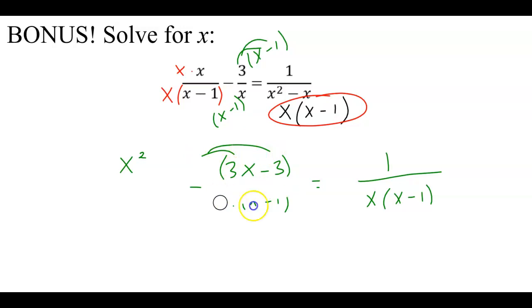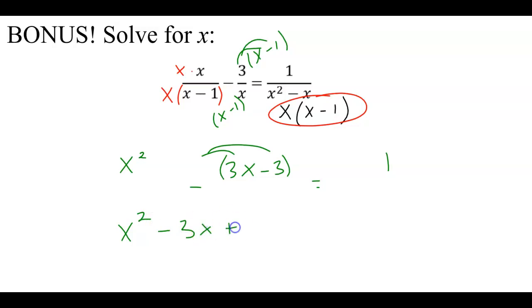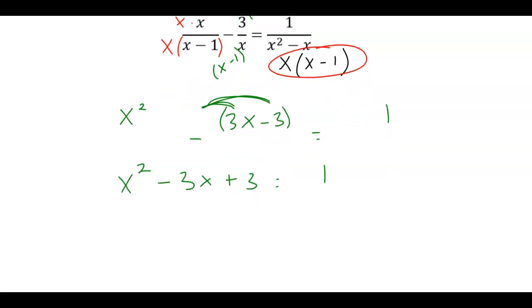But we can get rid of the denominators and basically you're just solving the numerators, okay? So this becomes x squared and then minus 3x plus 3, because we needed to subtract that whole fraction, right, equals 1.